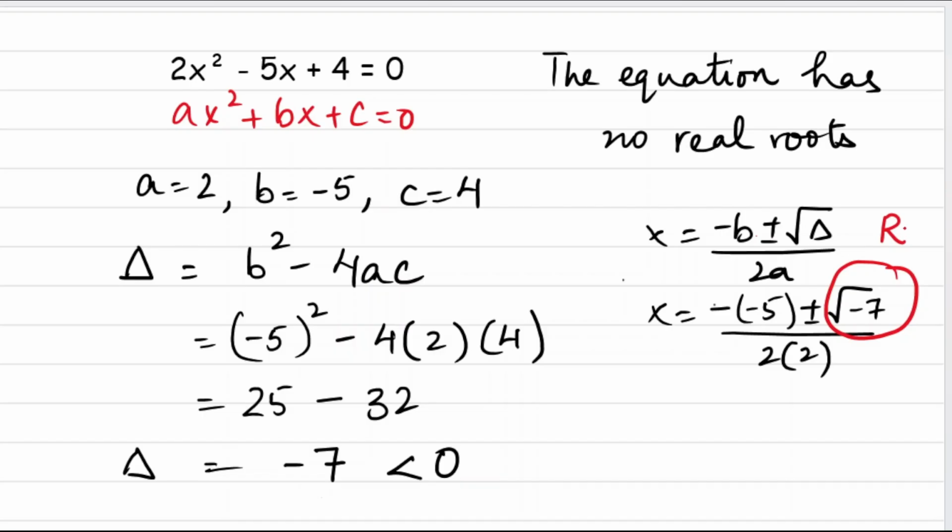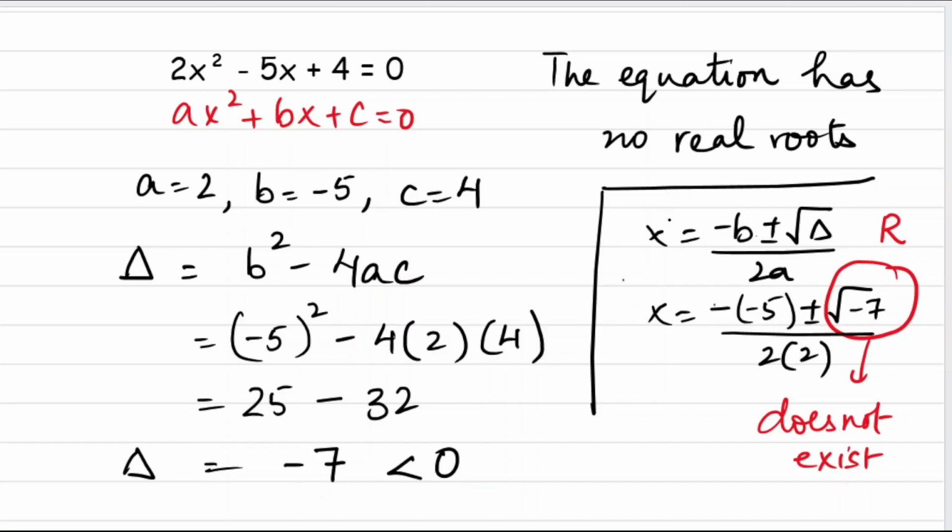We cannot have the square root of a negative number in a system of real numbers. So that's why when delta is less than 0, that equation has no real roots. They certainly have roots, but in the complex number system, not in the real number system. So we always say that the equation has no real roots, and our answer finishes at this step.